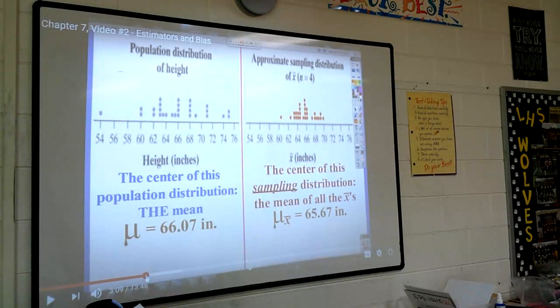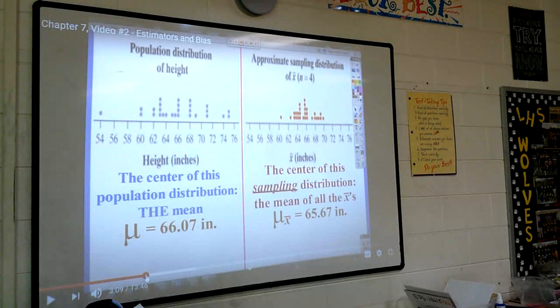Now, the sampling distribution on the right is randomly selecting 4 of those dots and finding the mean. So every dot over there is where we randomly selected 4 people and found the mean. And we did that over and over again. Notice the sampling distribution is not as spread out because we're taking 4 people's heights and finding their average height.